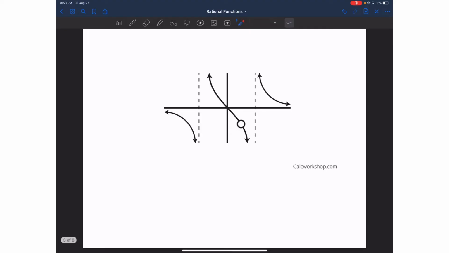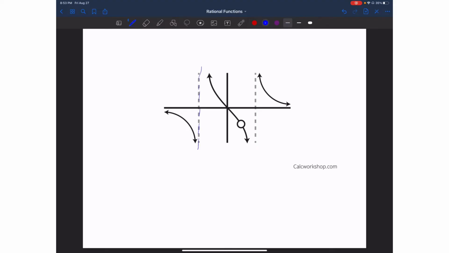So going back to rational functions, again, rational functions are going to have infinite discontinuities and removable discontinuities. Keep in mind that the number of discontinuities is going to be dependent on the actual equation. I am giving you a visual here. As you can see, we have three different discontinuities.